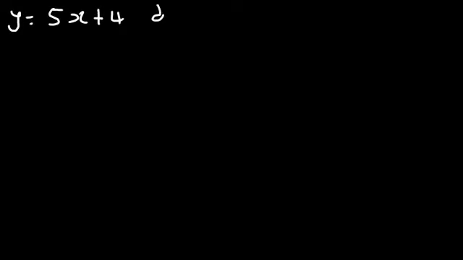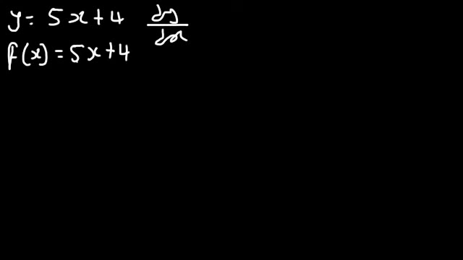So what would be dy/dx? Since y is the same as f of x, it simply means f of x is equal to 5x plus 4. And from the definition of derivative, I'm just going to write that right here without getting rid of it anymore. We said that will be equal to the limit.